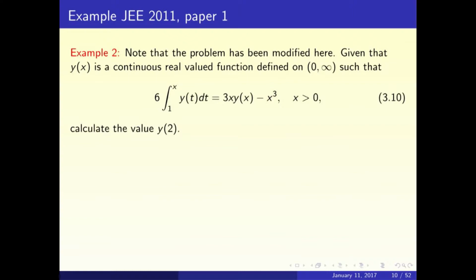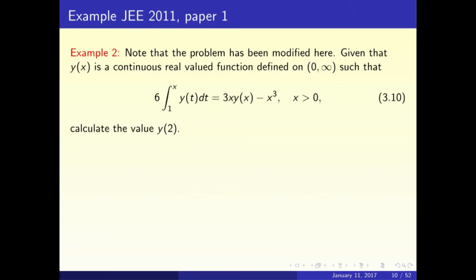Let's take an example which appeared in JEE 2011 in paper 1. I have reworded the question slightly, and I have also changed the notation somewhat so that it is in sync with what we are doing here. So what is given to you?